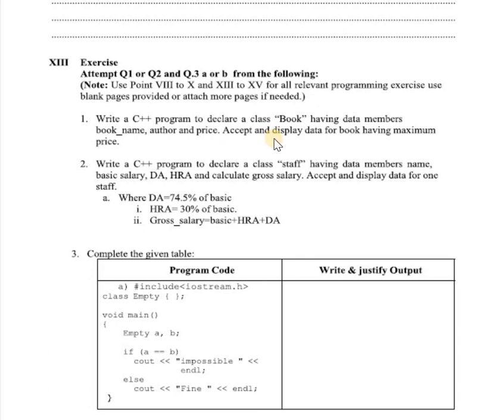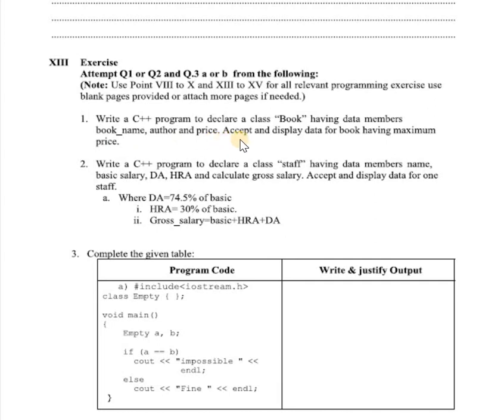Then declare another function, the display function. In the display function, you want to pass two parameters, because two objects of the book class are created. By using the getData function, you enter values for book name, book price, and book author. While writing the display function, first you want to compare the condition, because you want to display the book details having the highest price.